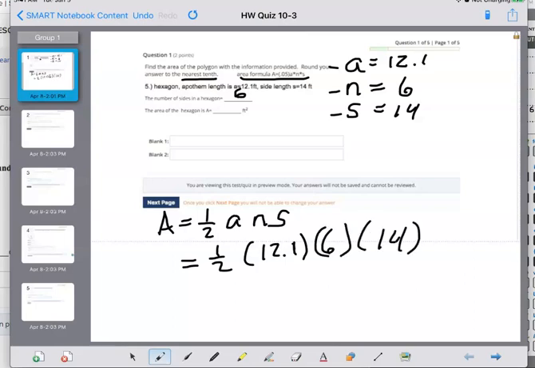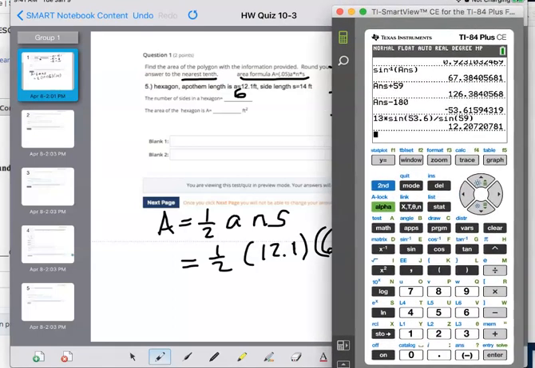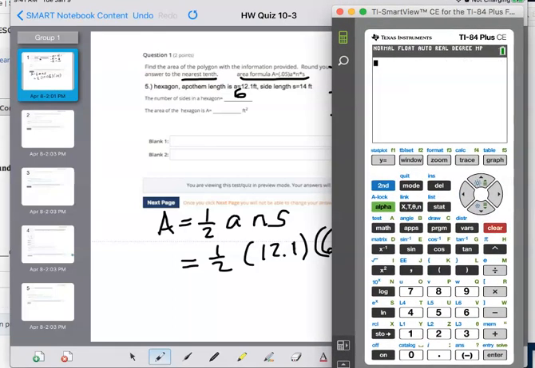I now bring up my calculator and multiply these things together. So I've got 0.5 times 12.1 times 6 times 14.